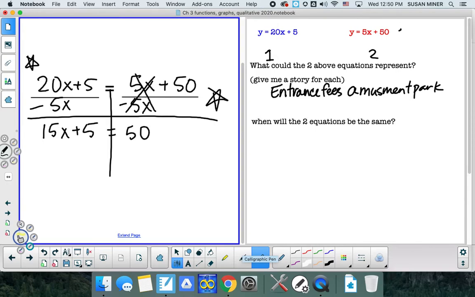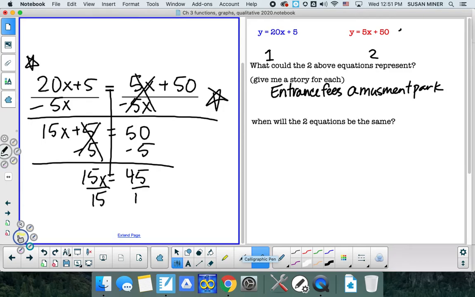And then I get rid of my extra hostage next. And then I divide by 15. And I get $3, right? Or whatever it was that I came up with for my scenario. But they are the same at x equals 3.